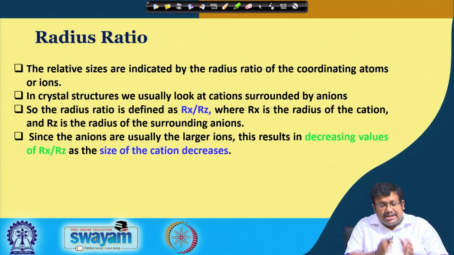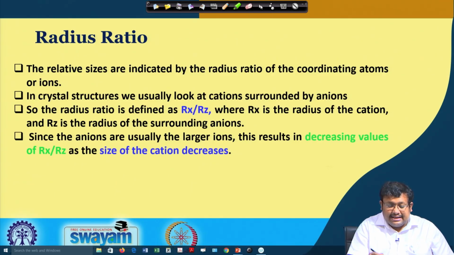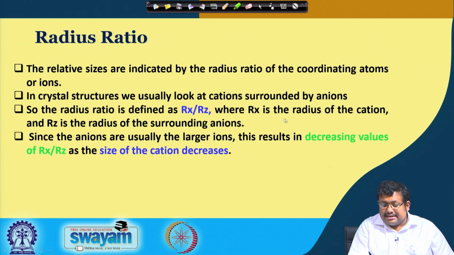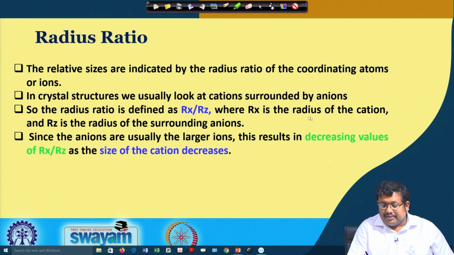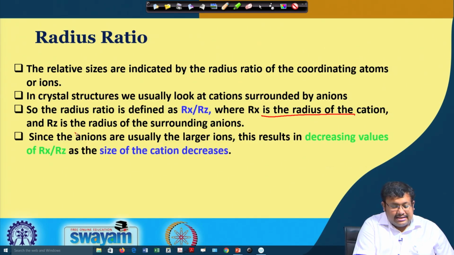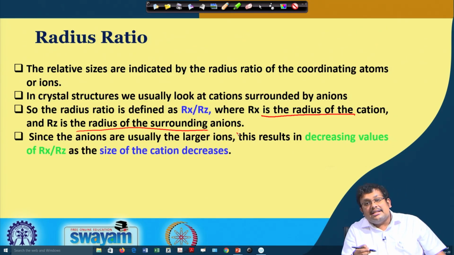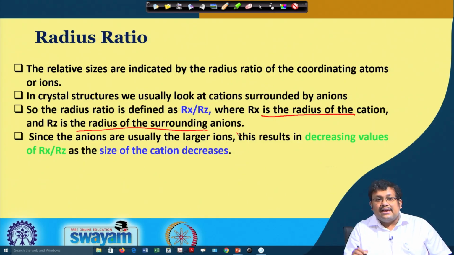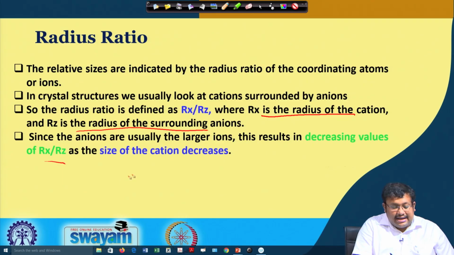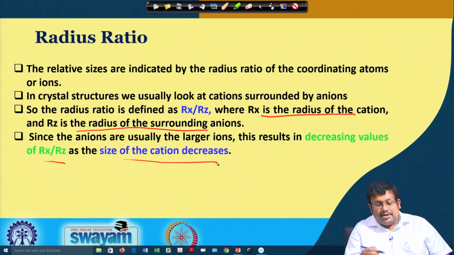So the radius ratio is defined by Rx and Rz, and this Rx is basically the radius of the cations, whereas the Rz is the radius of the surrounding anion. So, since the anions are usually the larger ions, this results in decreasing values of Rx by Rz as the size of the cation decreases. So, this is called the radius ratio.